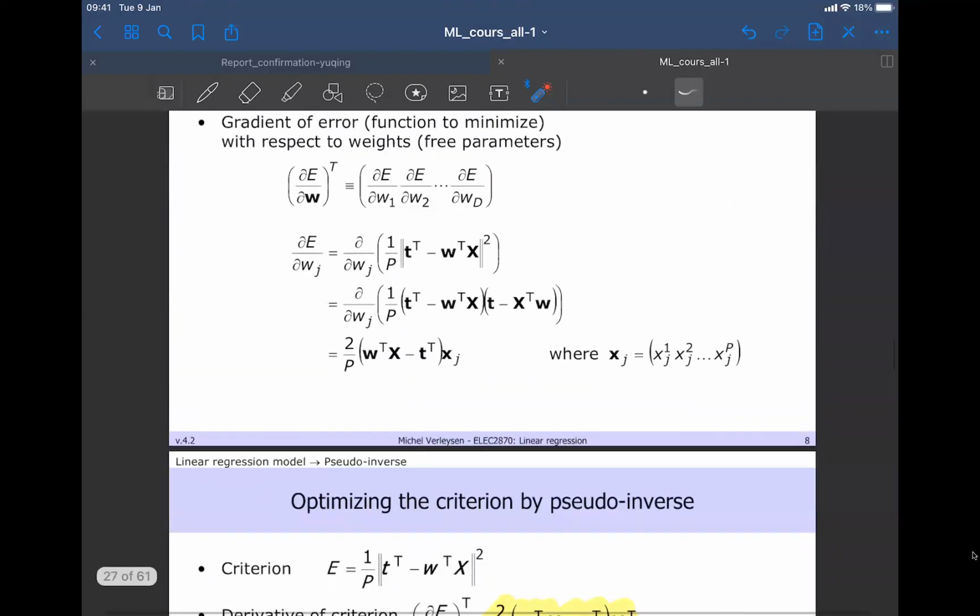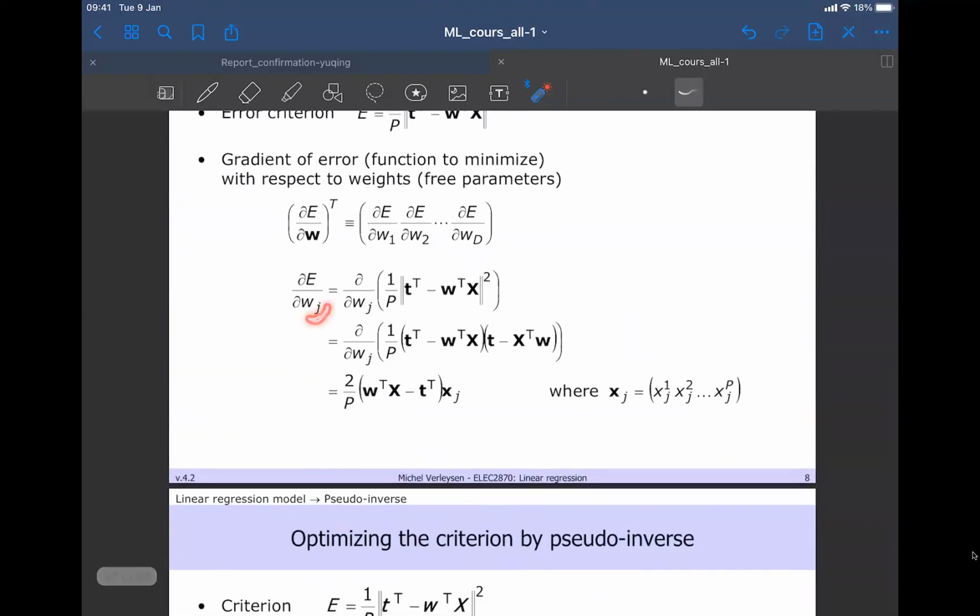If you look at feature j, it's the error, all transposed.